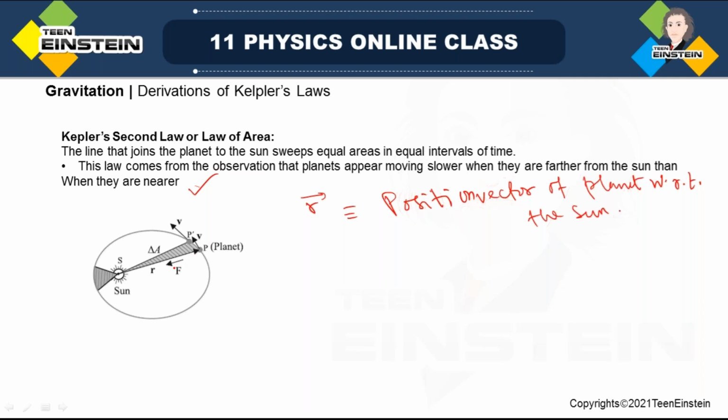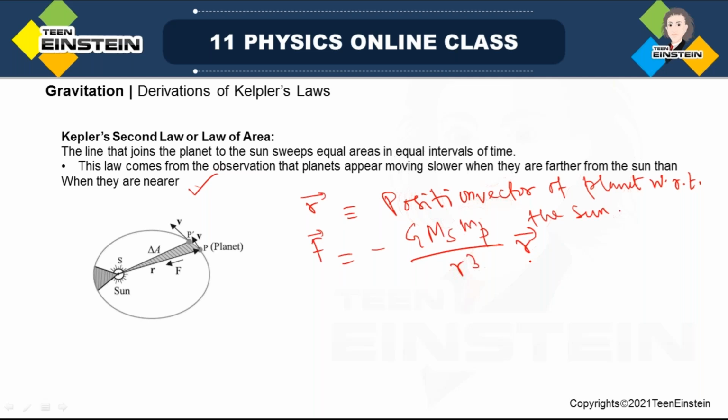See the similar thing: the force of gravitation acts towards the sun, and the line of action of the force is the same as the position vector. So we can write this as G M_S M_P by r cube into r vector. Now in this case the same thing we'll do.